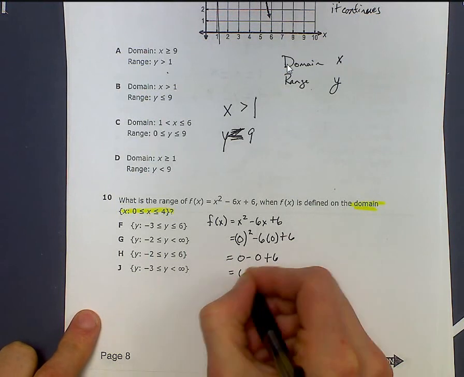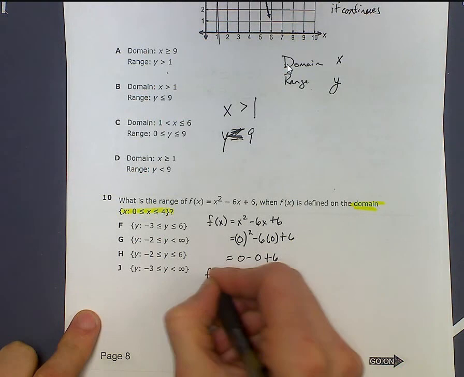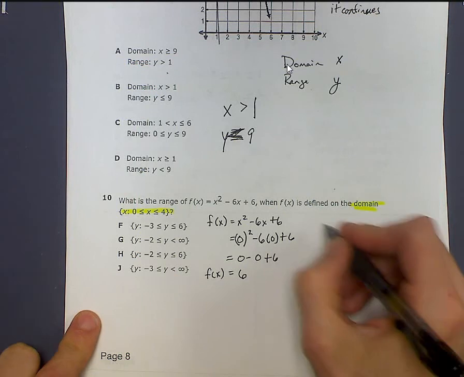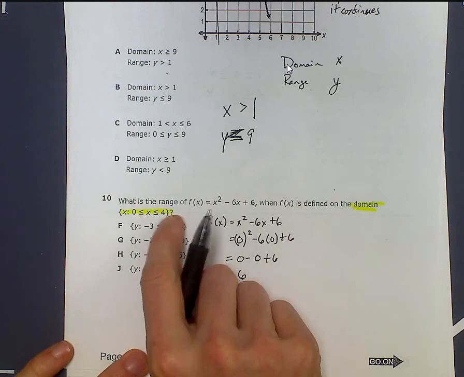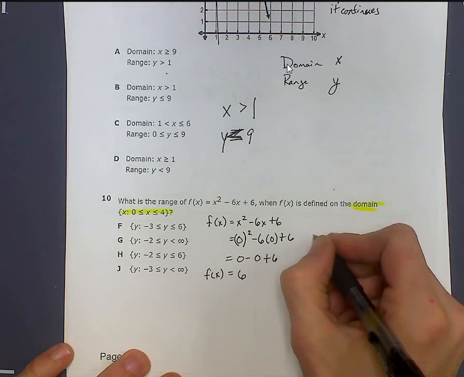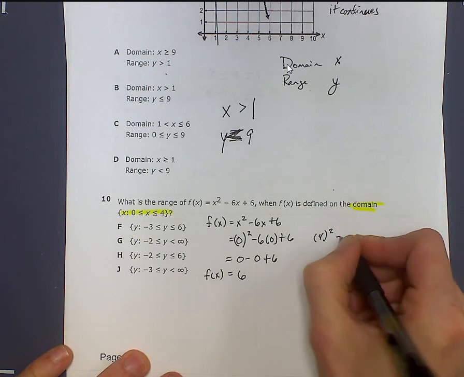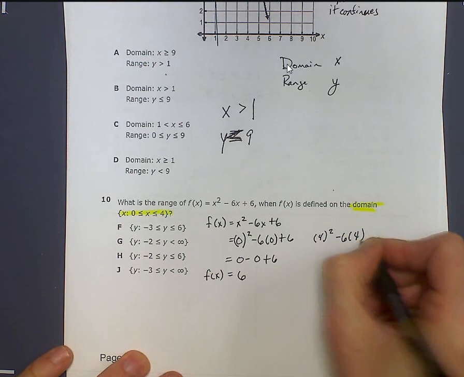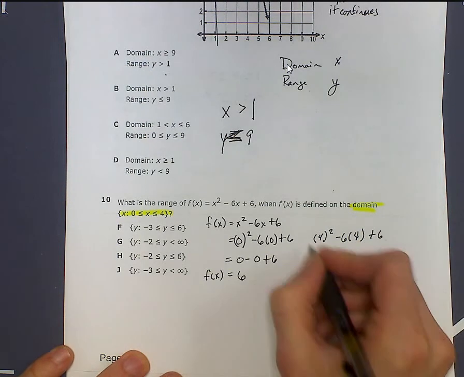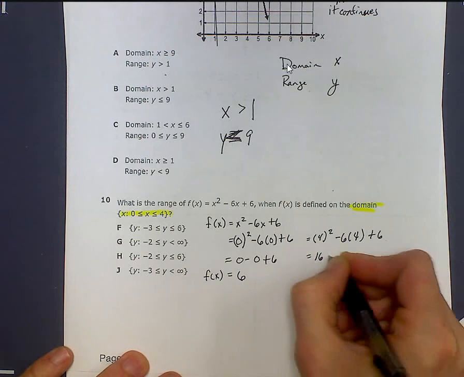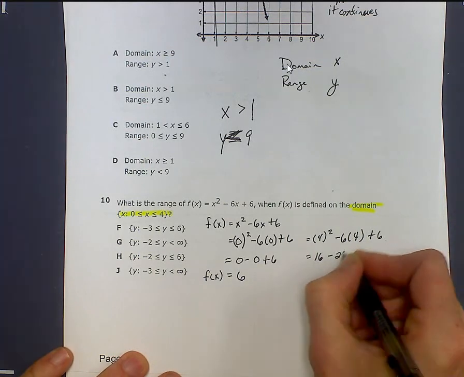So I know that one of my values is going to be 6. And I'm going to follow the same pattern, but this time I'm going to plug in 4. So I will use 4 instead of 0. So I'll end up at 4 squared minus 6 times 4 plus 6. Well, 4 times 4 equals 16 minus 6 times 4 is 24 plus 6.